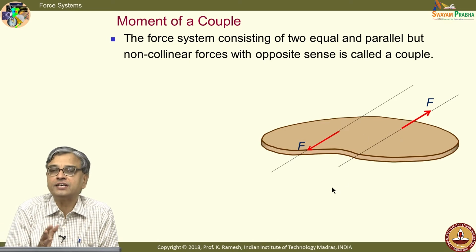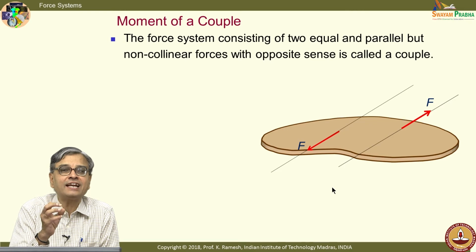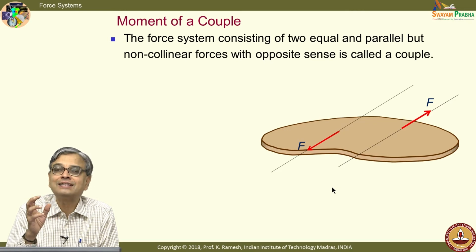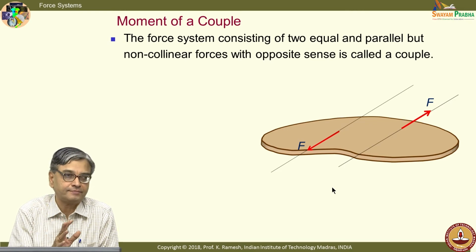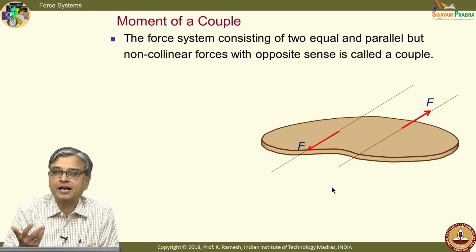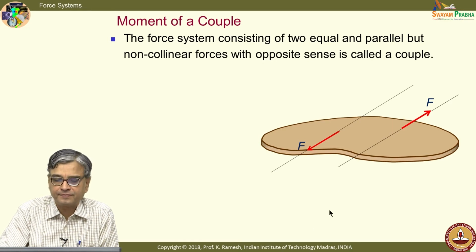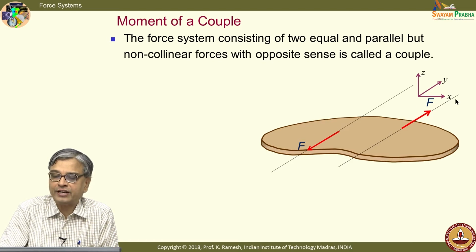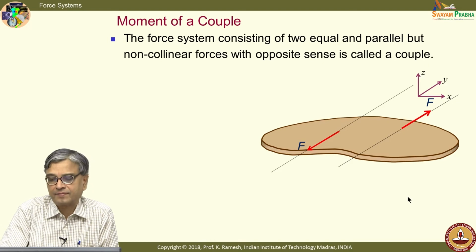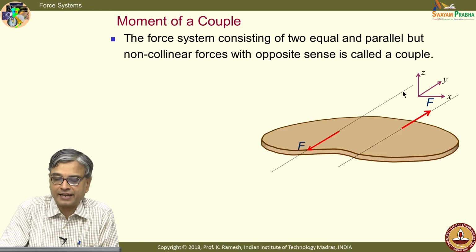Now, the question is, what would be the net turning effect of this force system? So, let me take an arbitrary point P, and before I do that, I also specify the axis orientation. I have x, y and z like this, so that I can write my math correctly.